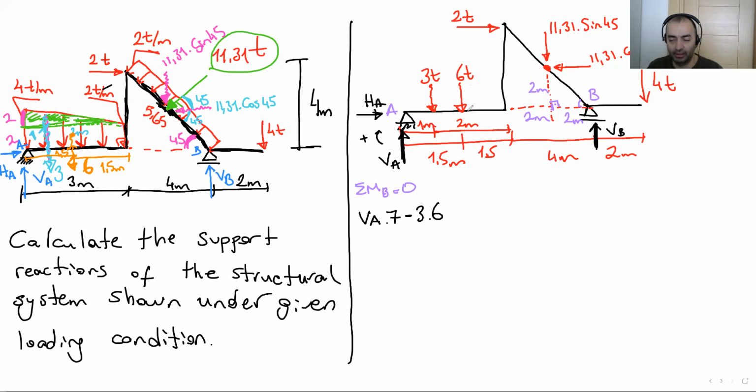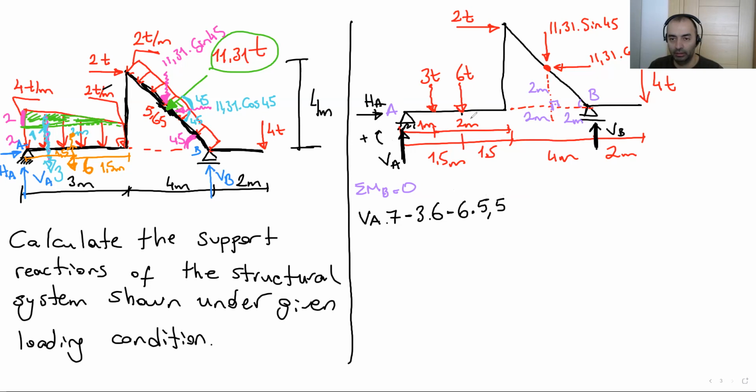That's why it's in the opposite direction of my assumption at the beginning, because I assumed upwards is positive. Put a minus here. Then calculate the moment. Force 6 times distance. Distance is from this point to B, 4 plus 1.5, 5.5.